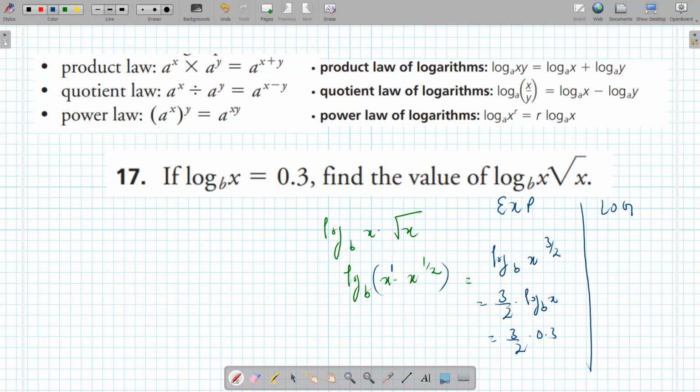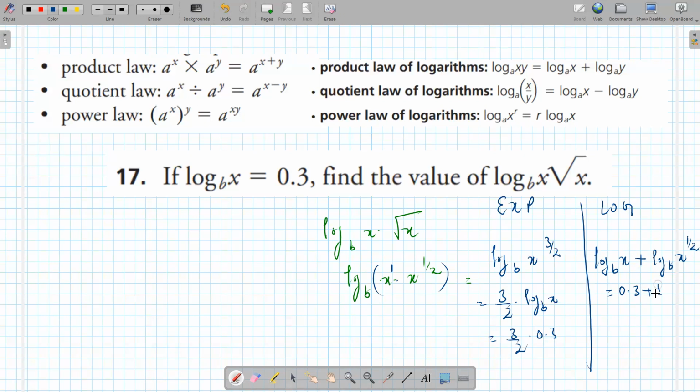That's using the exponent rule up there, but you can definitely use a log rule because you're multiplying two things. You can split them up. So this becomes log b of x plus log b of x to the 1/2. So here log b of x is 0.3.